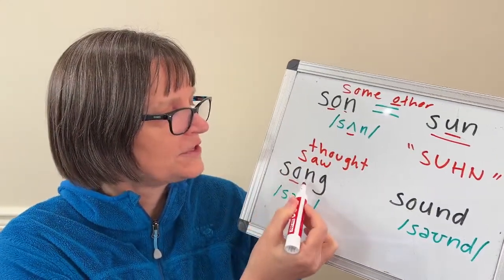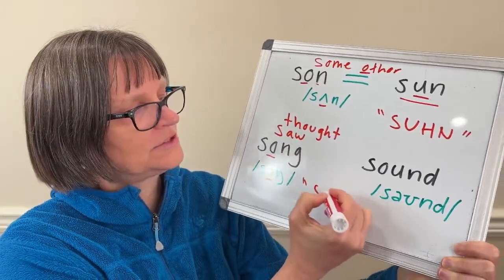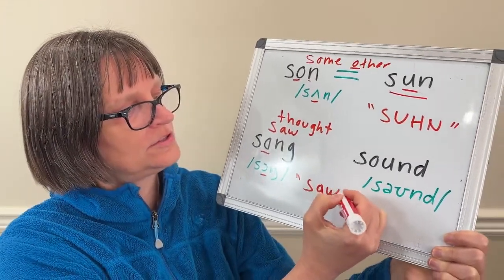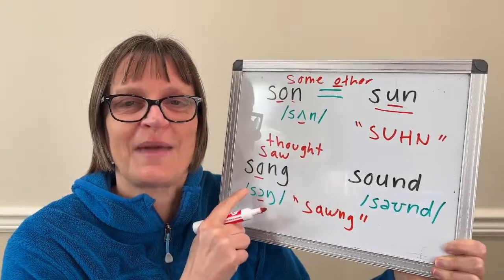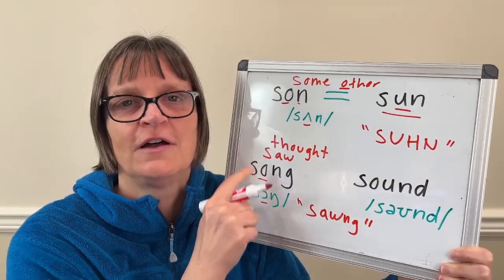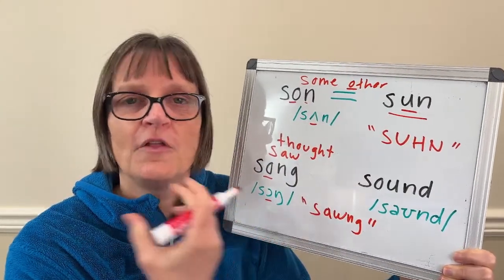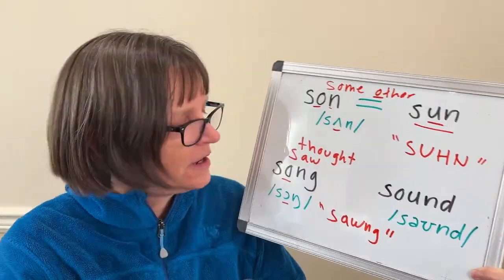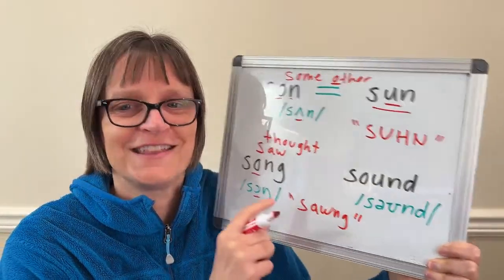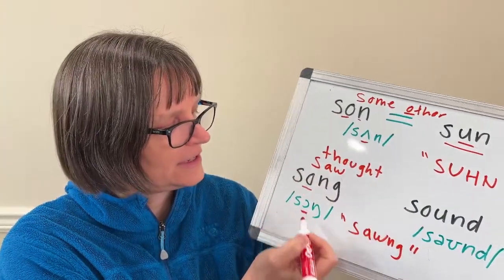And so for song, I like thinking about it more like saw, song. So you can use other words to help you match. I saw a song. I thought the song was too long. Other words to get that correct sound can be helpful. And also just revisualizing it, thinking of it as being an AW, if that helps you for this vowel here.